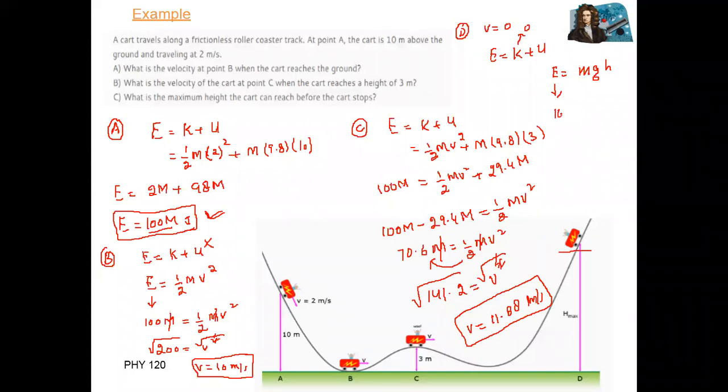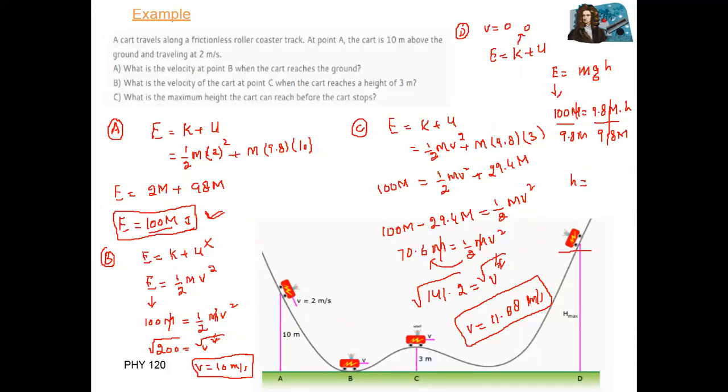Putting total energy value 100 m, we have 9.8 m multiplied by h. Dividing both sides by 9.8 m, these two cancel. H is equal to what?